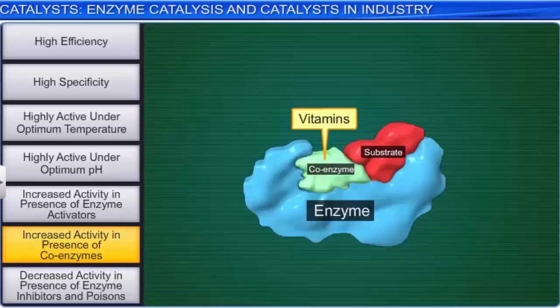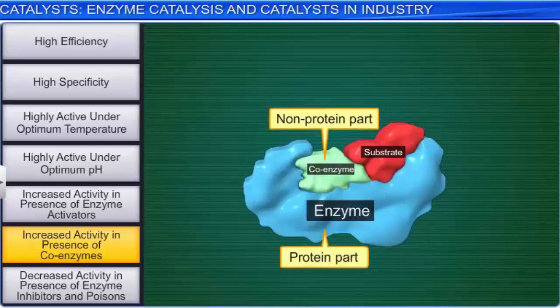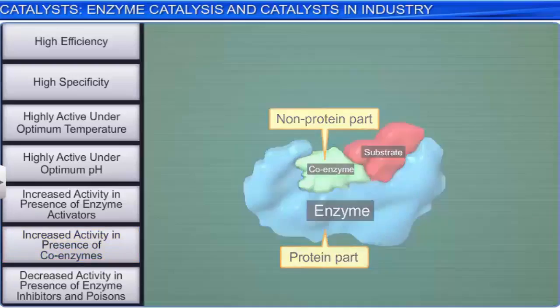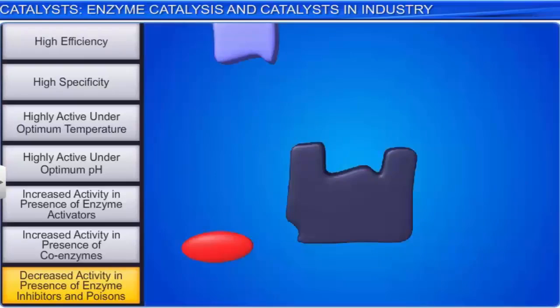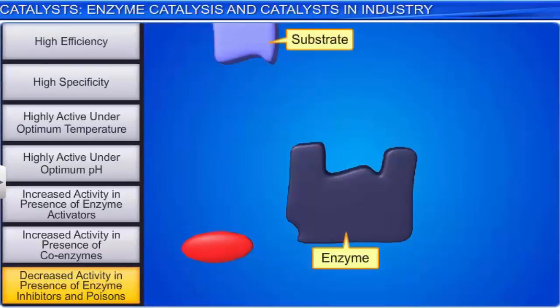It is important to note that coenzymes are the non-protein portion, while enzymes are proteins. The last characteristic of enzymes is the influence of inhibitors and poisons. Some substances slow down the activity of enzymes. These substances are called inhibitors or poisons.